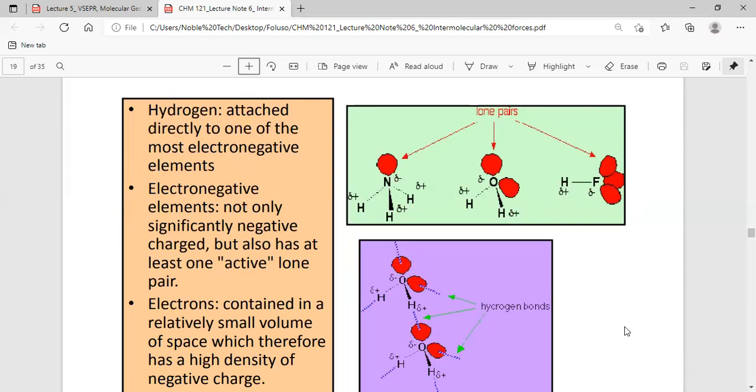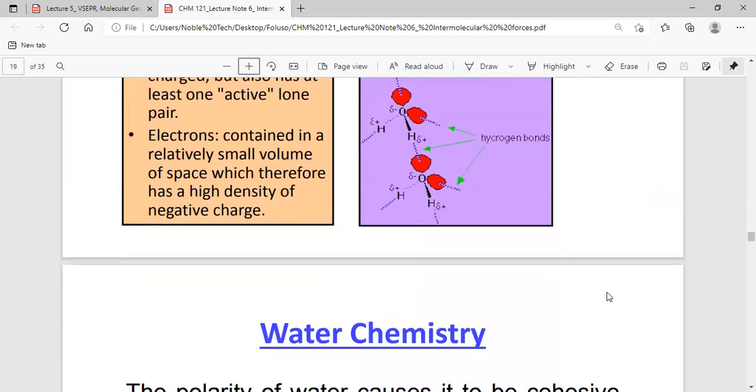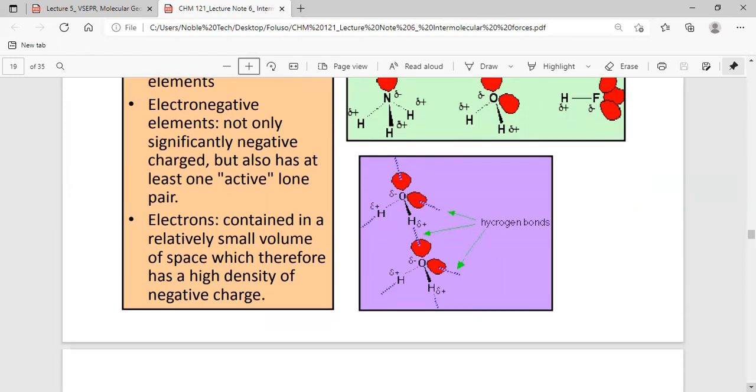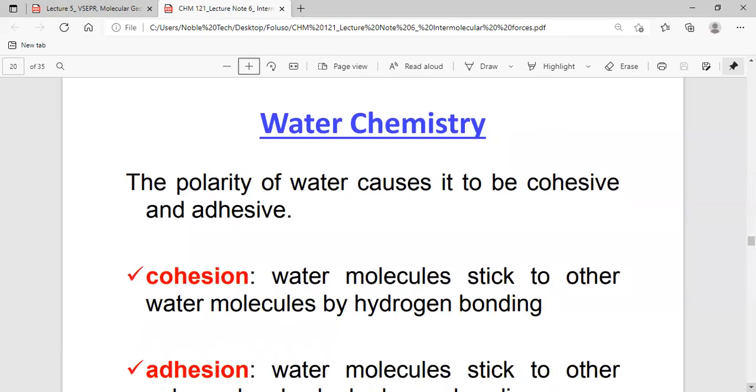So you have three lone pairs here, two lone pairs here, a lone pair here. You have partially negative, partially positive, and so on. Then the interaction between them, from one molecule to the other molecule, causes what we call the hydrogen bond.